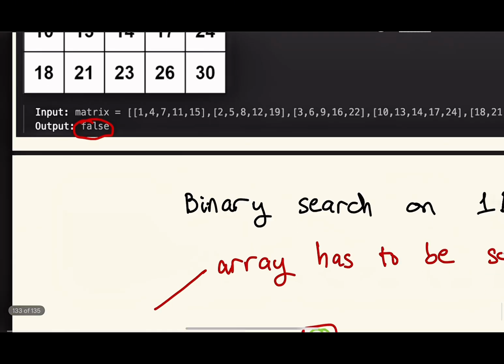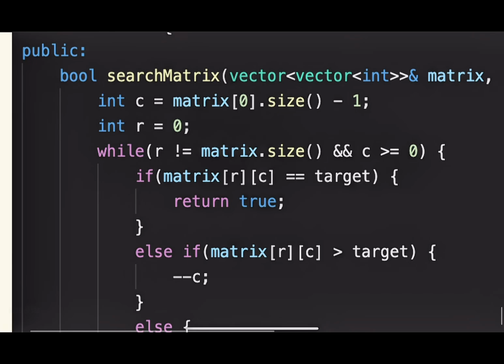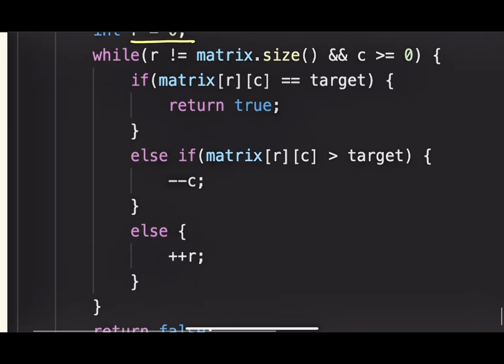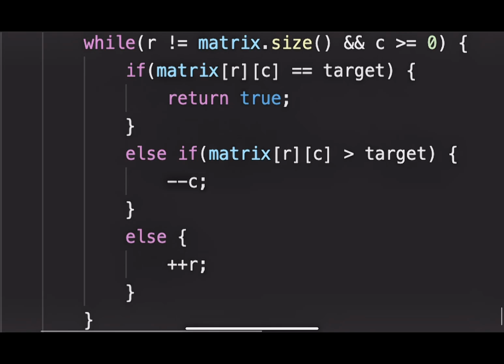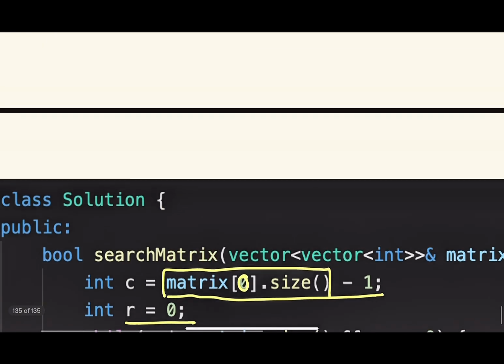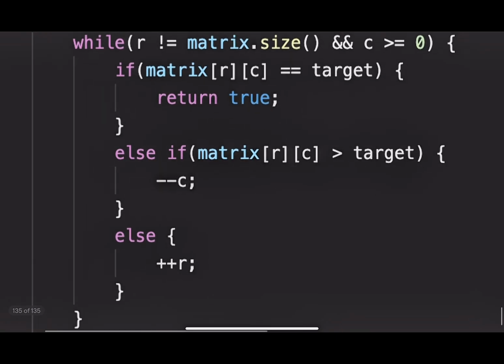So in this code, I'm starting with the top right corner, so it's just matrix size minus 1 for the row. This one is to retrieve the size of the entire row, and we're gonna start at the first row. So this one is pretty similar to the binary search, so that we check the value at the top right corner.